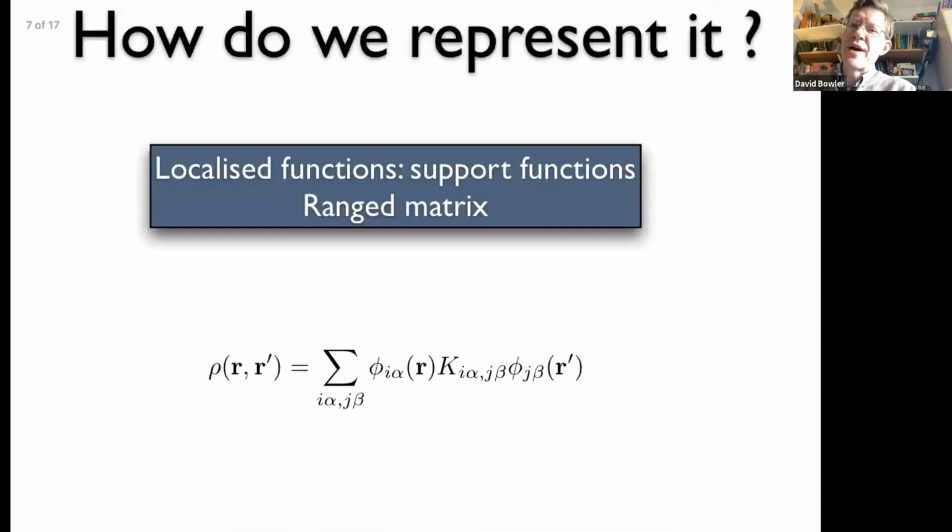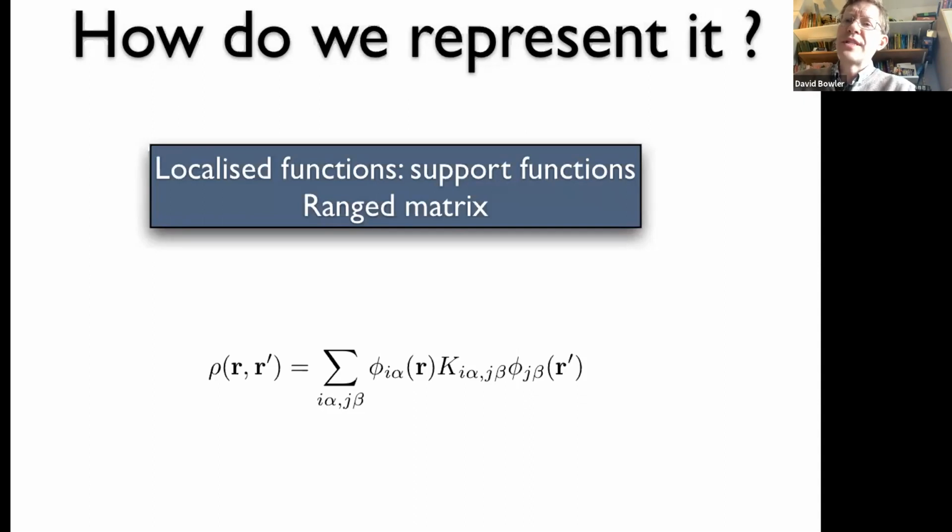Now, we can't work with that previous formalism because that doesn't allow linear scaling or even good large scaling. So what we're going to do is represent it as is shown here. These functions, phi i alpha of r and phi j beta of r prime, are what we call support functions. They're localized in space and they're centered on the atoms. And using those functions, the density matrix K is also ranged.